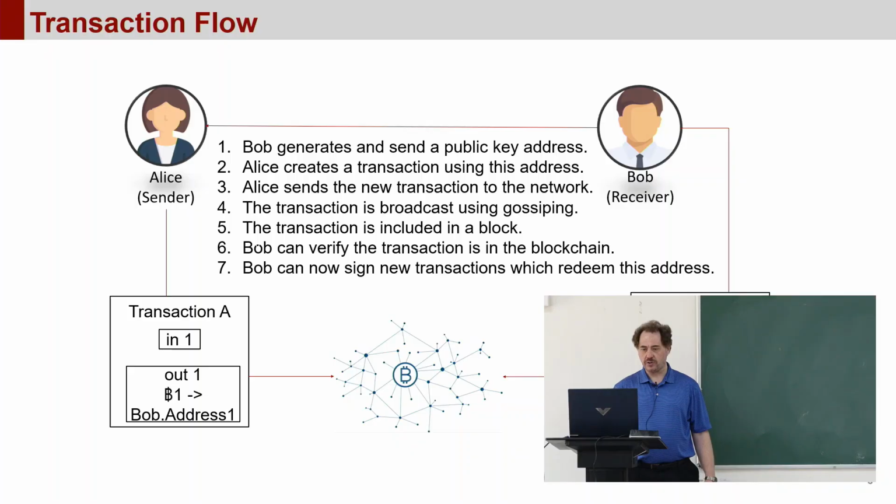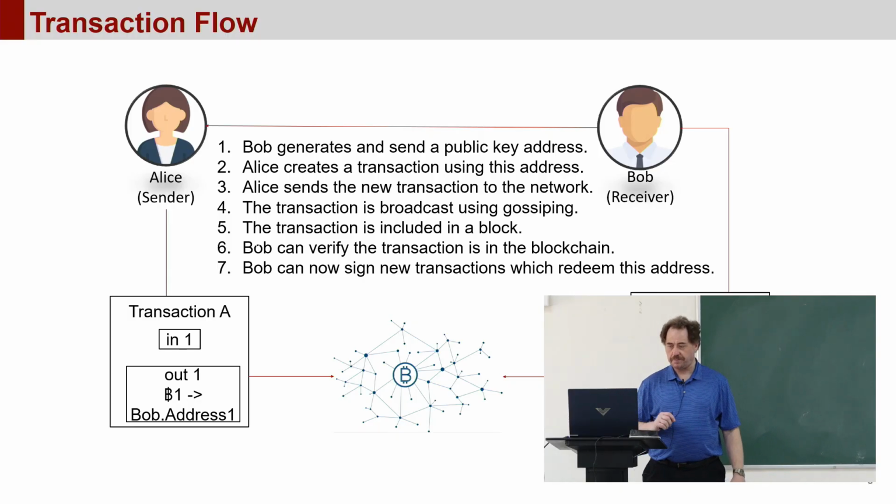Now, let's talk about the transaction flow. Suppose Alice wants to send some funds to Bob. What happens is that Bob generates and sends a public key address. Alice creates a transaction using this address. Alice signs the transaction and sends it to the network. So the transaction is broadcast using gossiping.